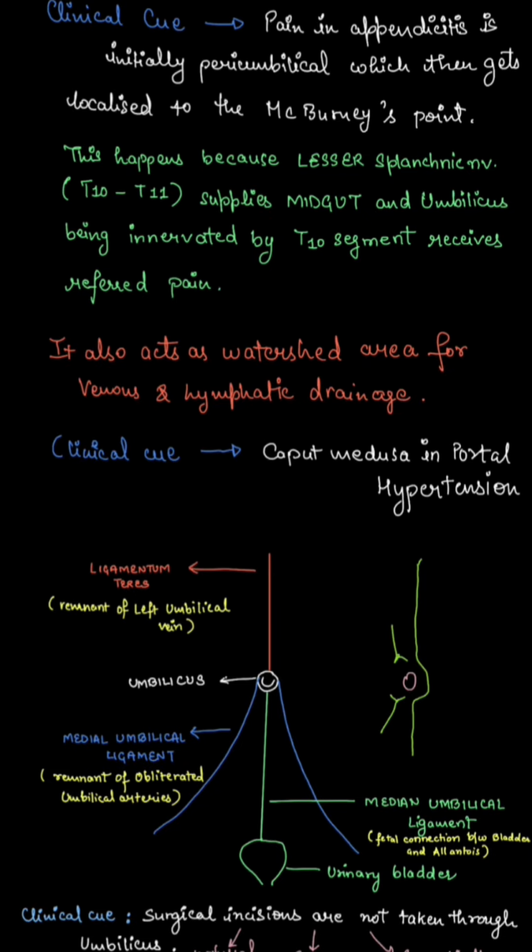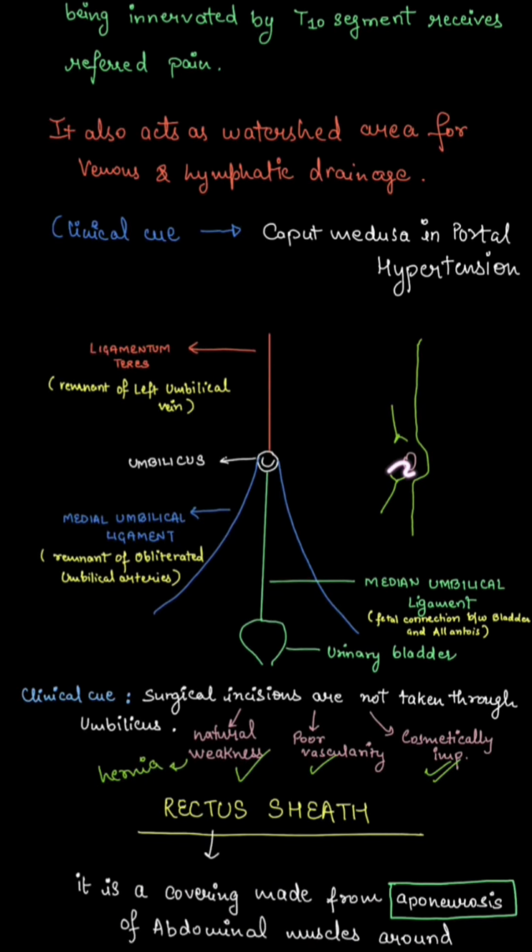Then the second clinical cue is that it also acts as a watershed area. You can see here that the vessels, especially the veins and the lymphatics which are present here, do not cross the umbilicus. Okay, so that is why it acts as a watershed area. The vessels which are present below drain in different vessels, and the vessels which are present above the level of umbilicus drain in different levels.